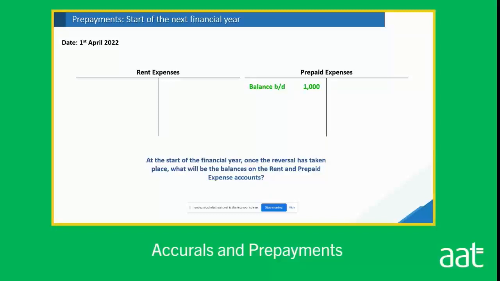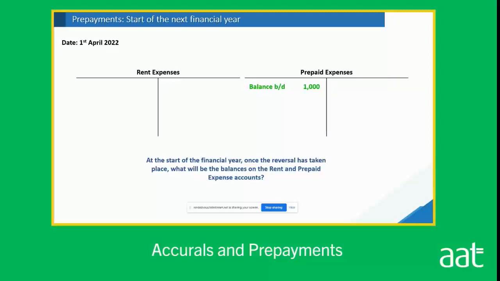Okay, fabulous. So as things stand, this is the very first day of my financial year, the next reporting period. The balance brought down on my prepayment account is £1,000, and that represents the prepayment that I made last year. And that prepayment was for the months of April and May. That current asset can't remain on my statement of financial position, and therefore will be reversed back into the statement of profit and loss accounts.